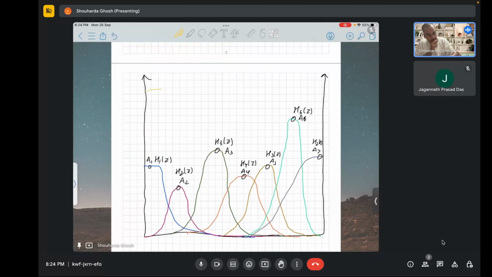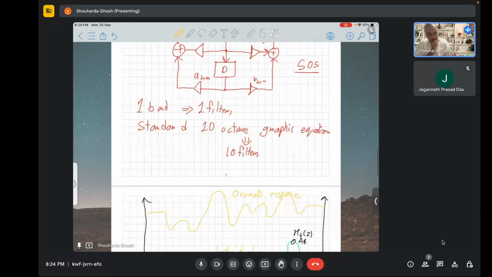It's a1, then it goes up like a2, goes high a3, a4, a5, a6, and a7. This is the overall response, and this is the individual response of all the individual filters. When you're cascading them, you're multiplying all the responses. And this was the cascade design.